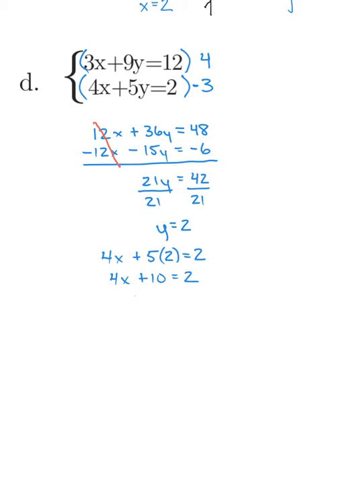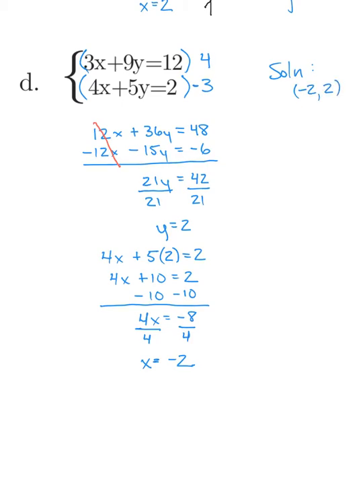In order to solve for x, I want to subtract 10 from both sides. We get 4x equals negative 8. And if I divide by 4, I get x equals negative 2. So my solution is (-2, 2). Remember to put your x first.